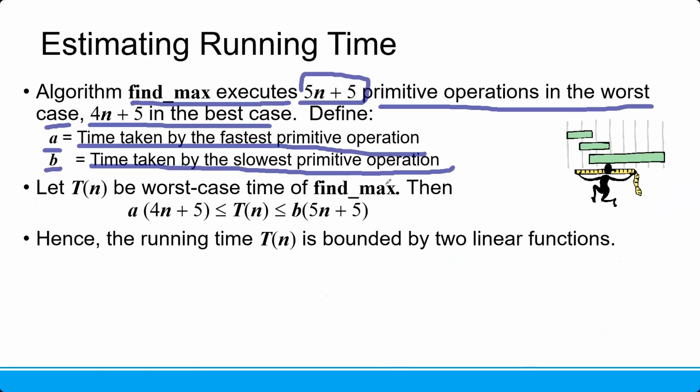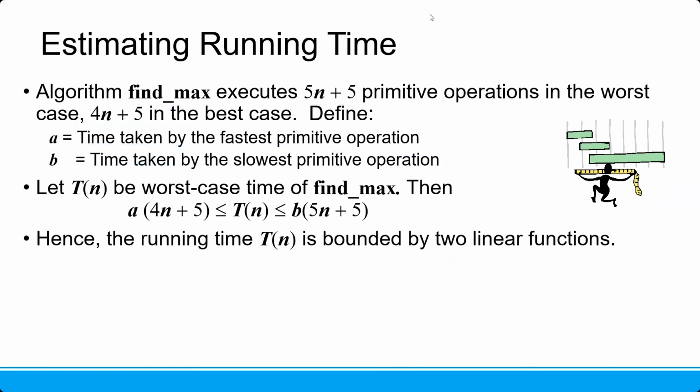Mathematically, Tn is bounded by the best case, which is A multiplied by 4n plus 5, and the worst case time, which is B multiplied by 5n plus 5. This is the function for the worst case, and this is the function for the best case.